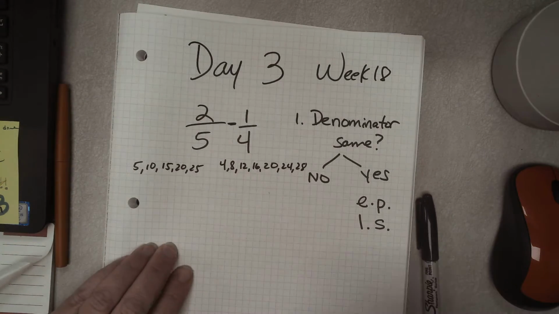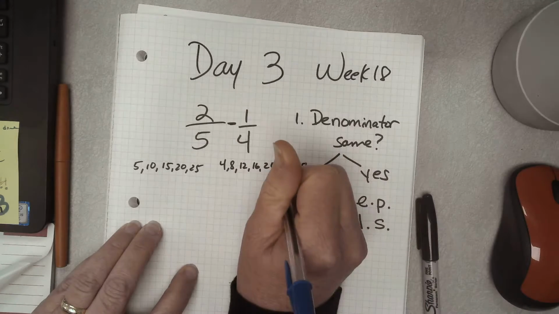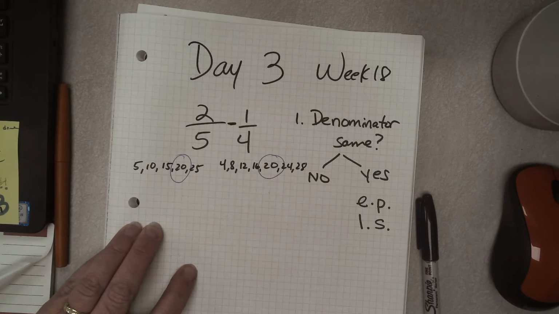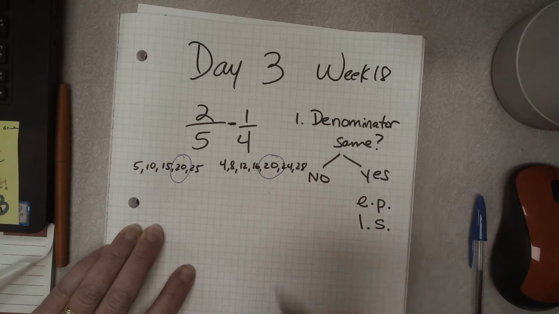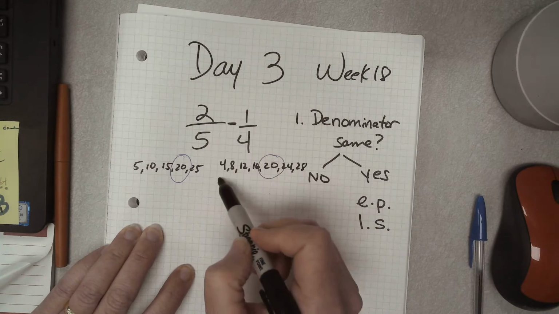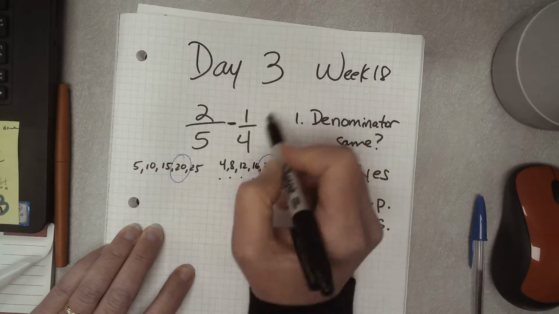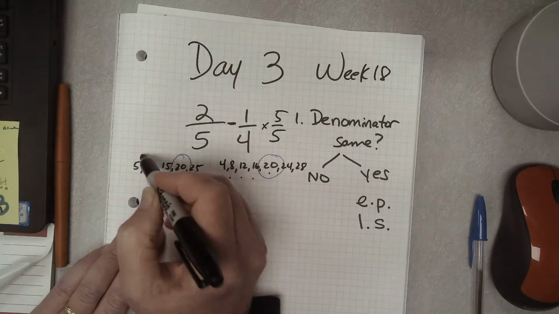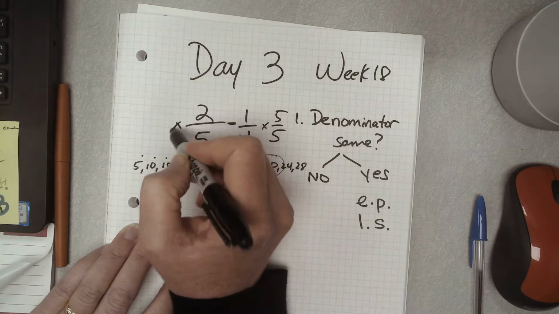Do they have something that's the same? Yes. 20 and 20. I have to multiply the 4 by 1, 2, 3, 4, 5. And the 5 by 1, 2, 3, 4.